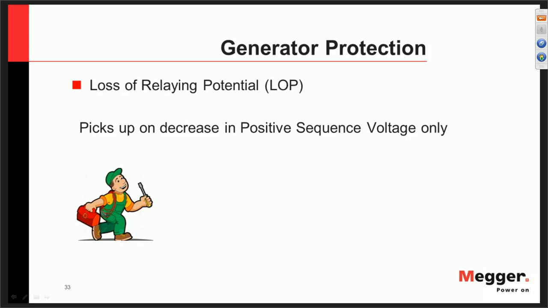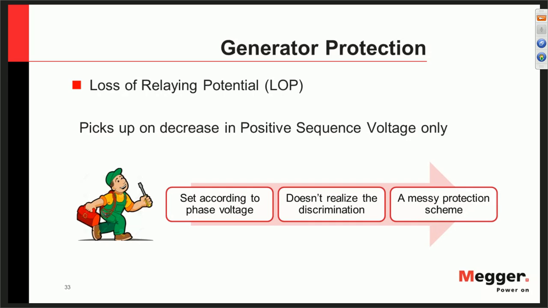So let's bring back Mr. X again. Now he got a promotion. He is a settings engineer now. But he is still uninformed about the idea of symmetrical components. So he goes and sets the loss of relaying potential according to the phase voltage and doesn't realize the discrimination.